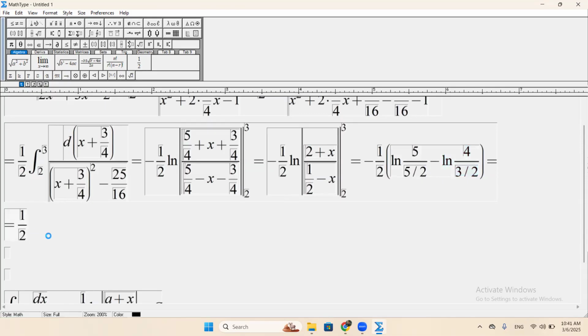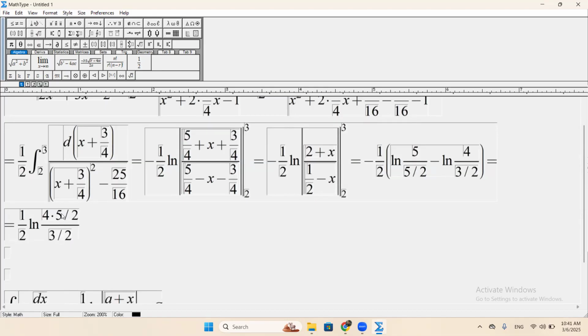Reminding you that a difference of logarithms equals the logarithm of a fraction, so 5 over 2 and 3 over 2.